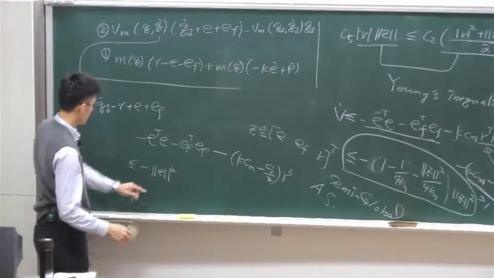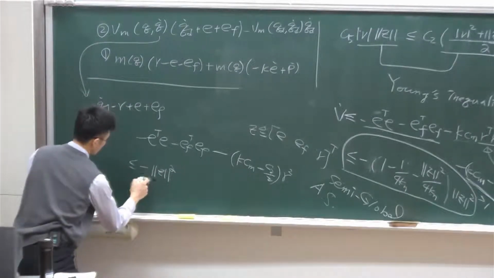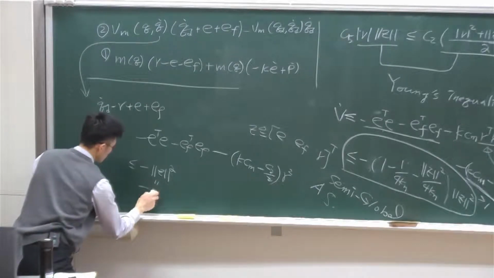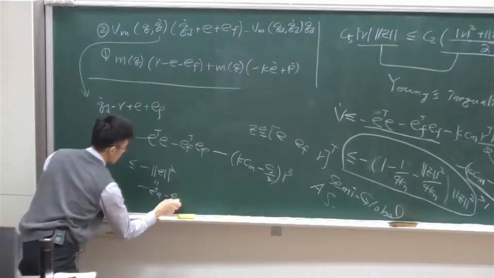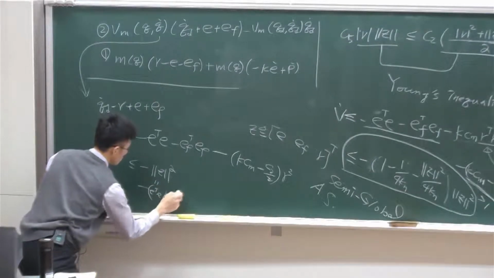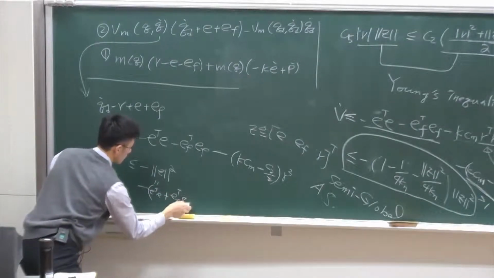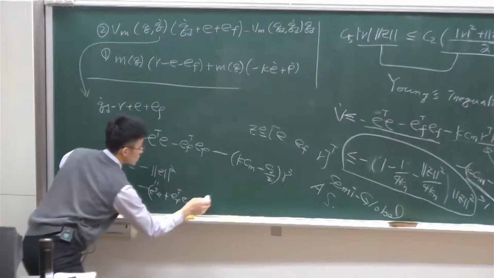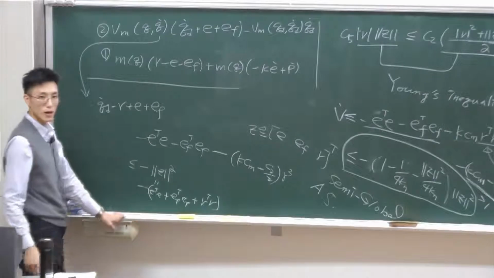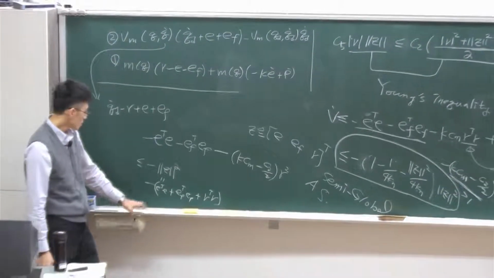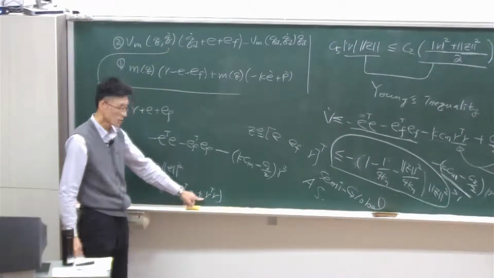So this is equal to minus E transpose E minus EF transpose EF plus R transpose R, right? So the coefficient here is minus 1.